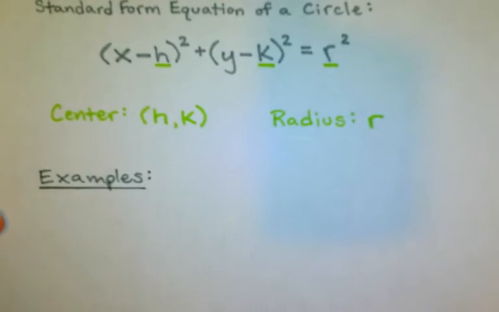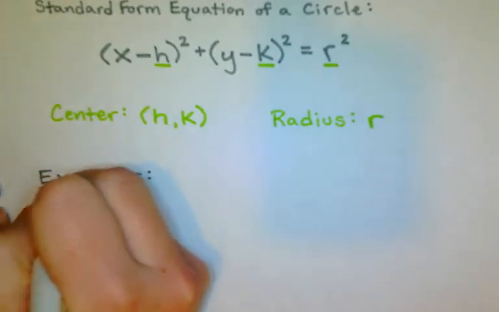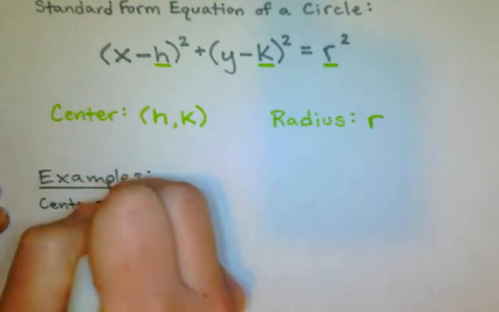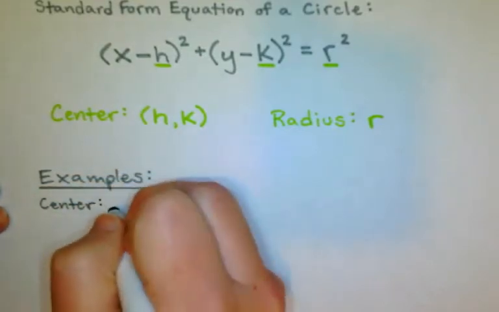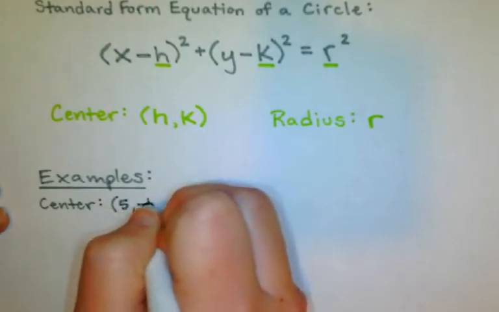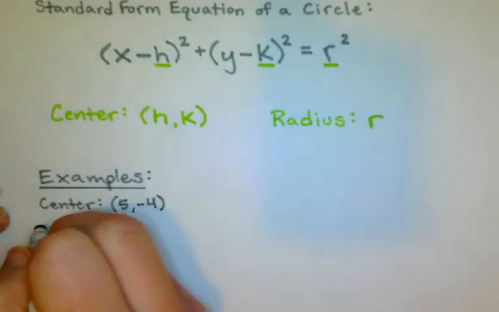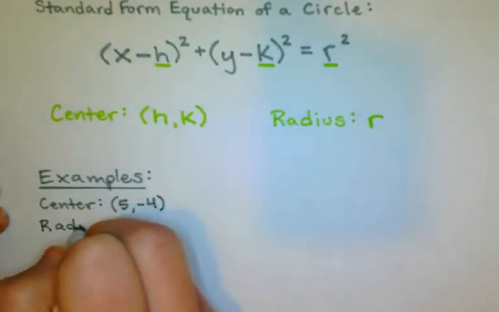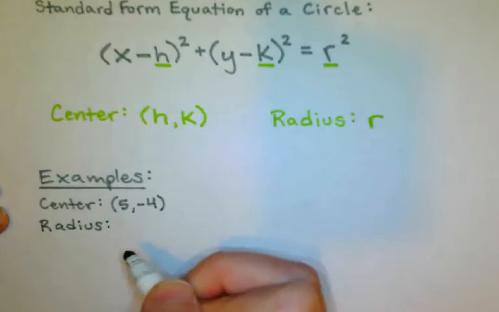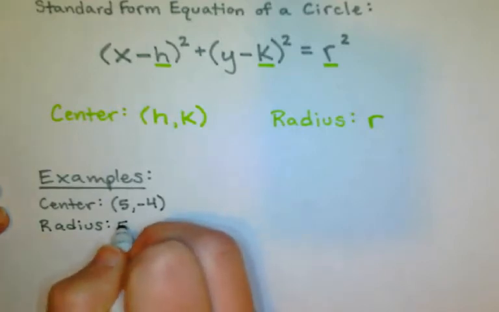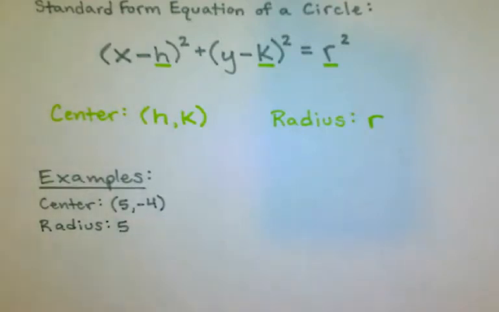Let's say we've got a circle that has a center at 5, -4, and a radius of 5. Alright, there's our first example.